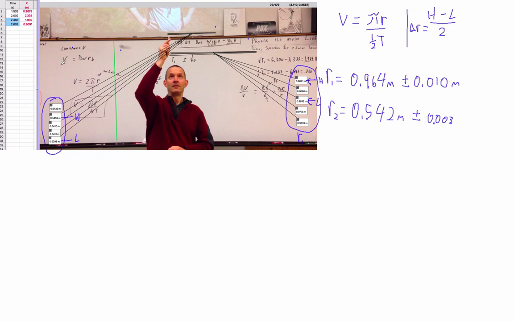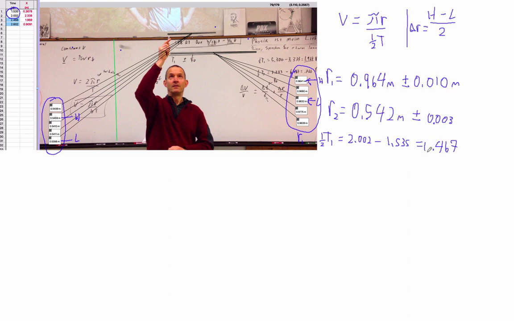And then let's look at the periods. We can figure out the periods as well, okay? So my period here, T1, is going to be, well, half of T1, right? Half of T1 is 2.002 minus 1.535. That is 0.467.